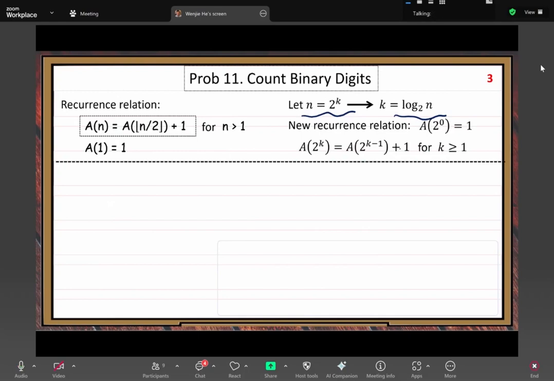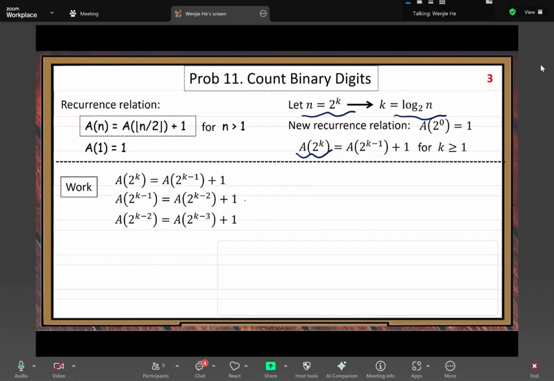Next, now we need to find a solution for this capital A function. Let's do the work. The next one, another recursion. So the second equation, and the next equation.